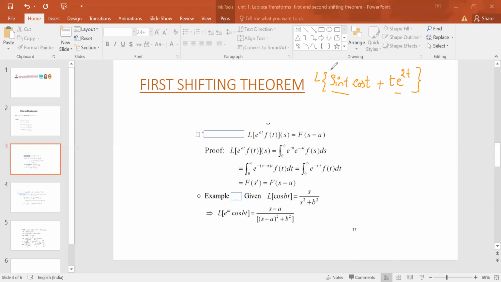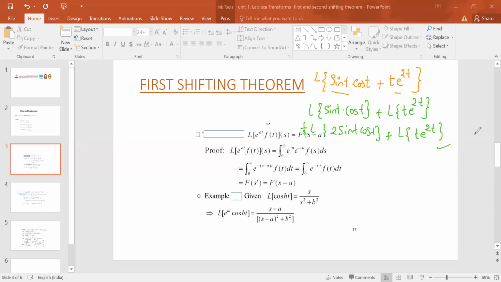First we need to go with the Laplace linear property, so we separate the Laplace operator for both the terms in the given function. Yes, we have separated here Laplace transformation of t into e power 2t. Here we need to multiply and divide by 2. So 1 by 2 into 2 sin t cos t plus Laplace transformation of t into e power 2t.